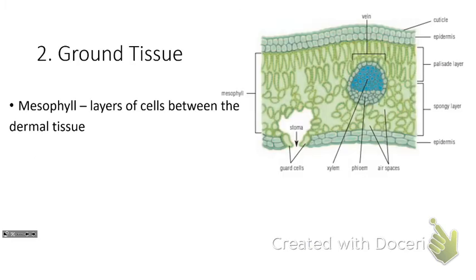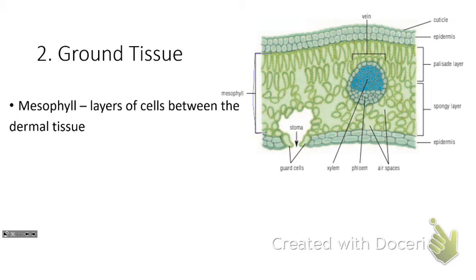Okay, so the second type of tissue involved in photosynthesis is going to be ground tissue. We know it makes up the majority of the plant. We're going to have a few different types of ground tissue. The first area of ground tissue is the mesophyll, and that is right here.